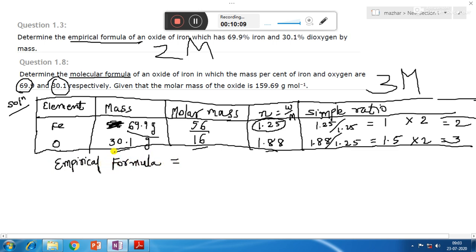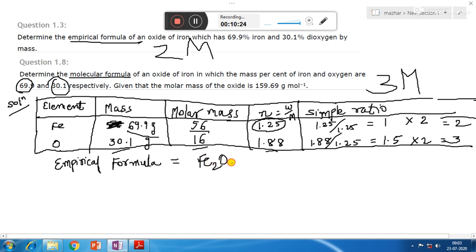The simple ratio of iron is 2 and the simple ratio of oxygen is 3. So we have to write Fe2O3. So empirical formula is Fe2O3.